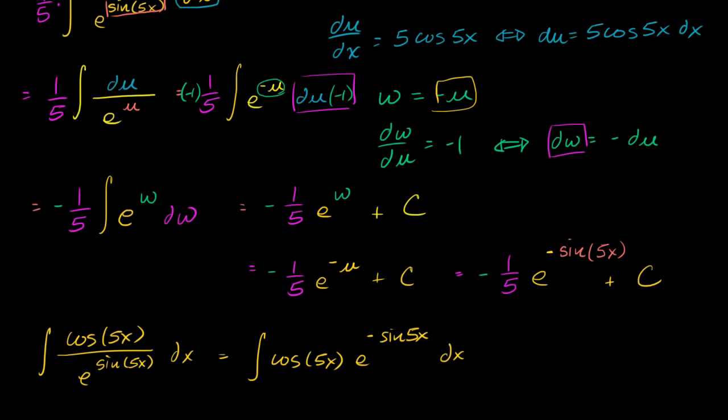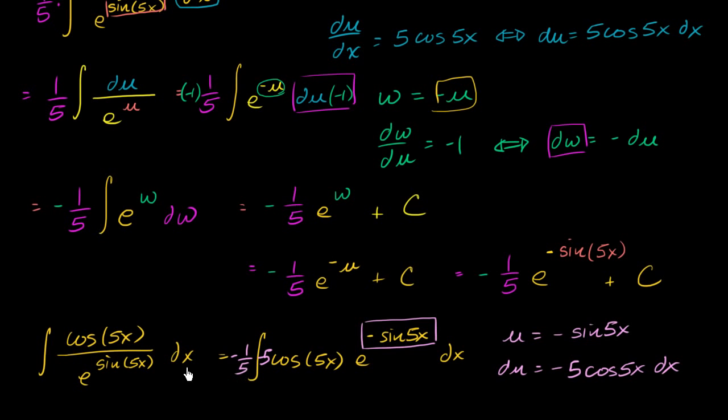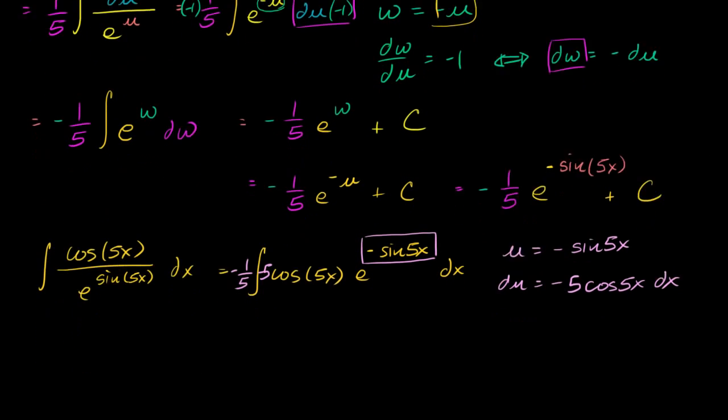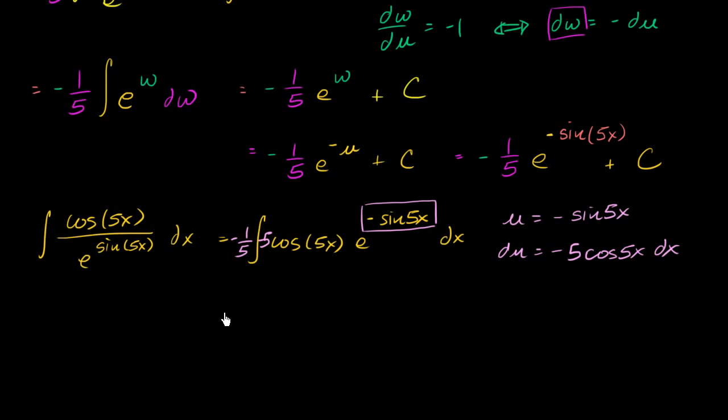And in this situation, we could have set u to be equal to negative sine of 5x, then du is going to be equal to negative 5 cosine of 5x dx. We don't have a negative 5 here, but we could construct one by putting a negative 5 there and then multiplying by negative 1/5.